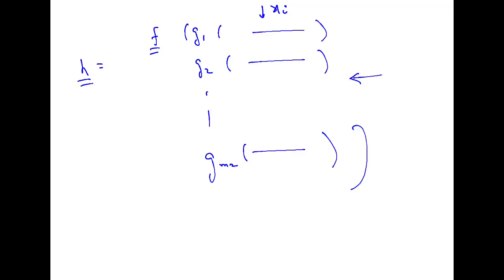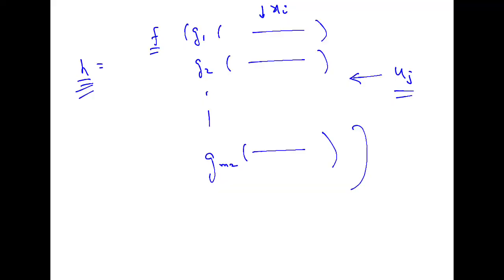Now each of the inputs of F, g1, g2, they are all dependent on xi. So I take the partial derivative of F with respect to a particular component uj and take the derivative of that component uj with respect to xi, and I sum it across all such components. That is essentially my derivative of h with respect to xi.